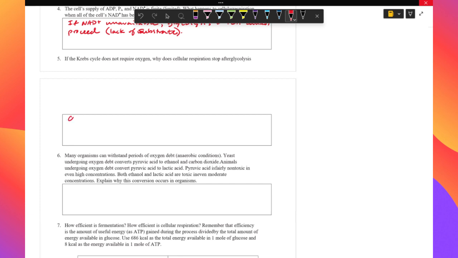So let's see, how would I write this? A lack of O2 means that oxidative phosphorylation cannot occur, which leads to NADH rather.